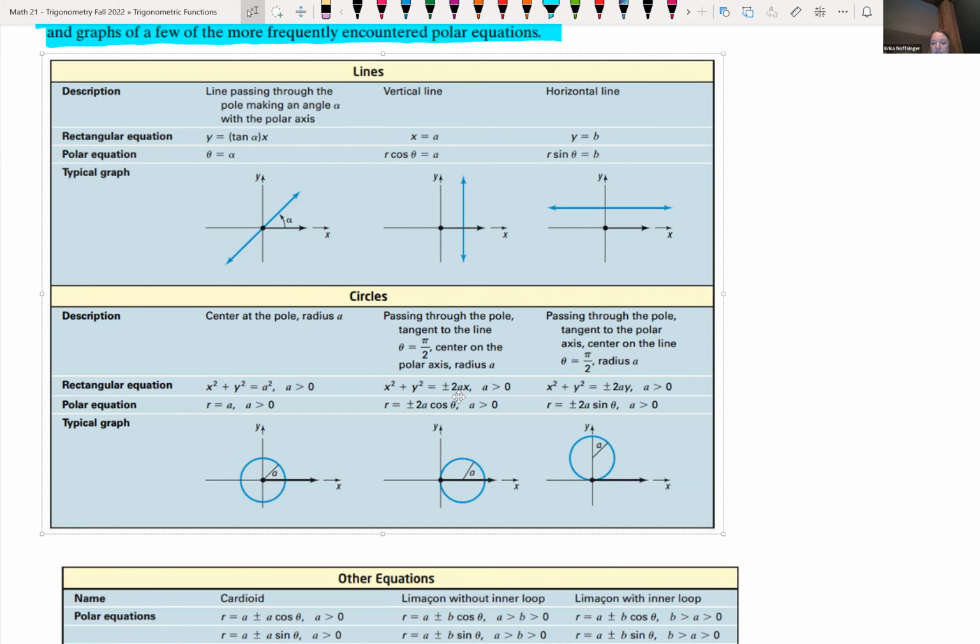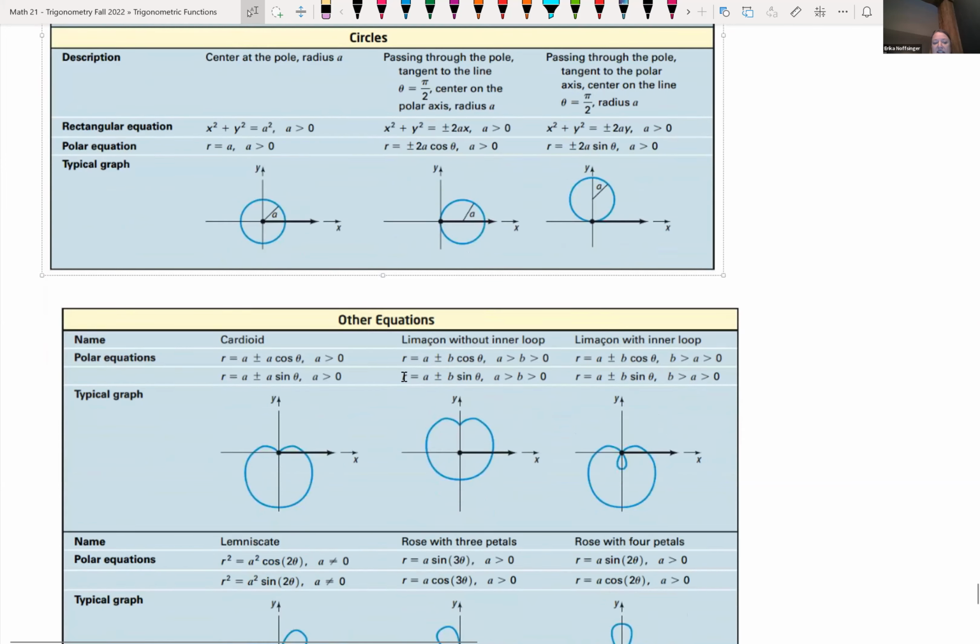If it was in the form r is equal to plus or minus a sine theta, where a was greater than 0, we talked about the point 0, a divided by 2 being our center, and the radius is the absolute value of a divided by 2.